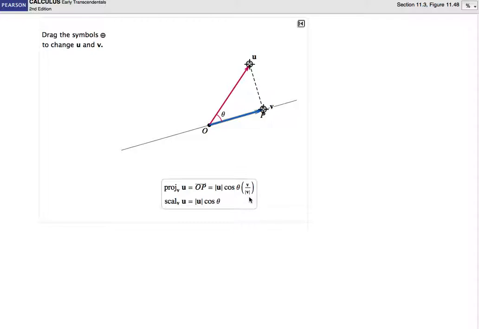So this parenthetical expression is our unit vector, which takes the place of our unit vectors i and j in rectangular coordinates. So in this case, I can talk about how much of the vector u lies along the vector v by taking a scalar component using the cosine of the angle between them and the unit vector in the direction of v.